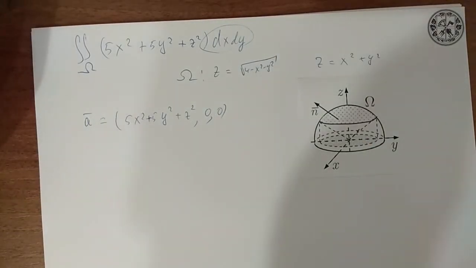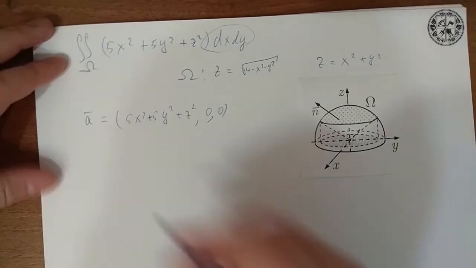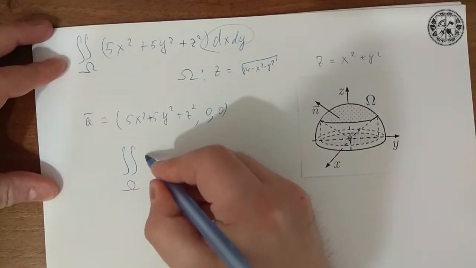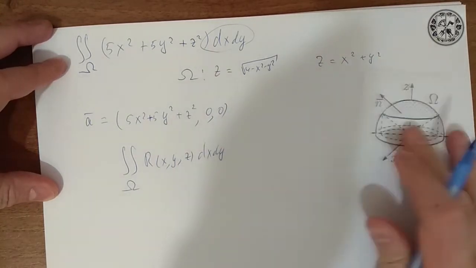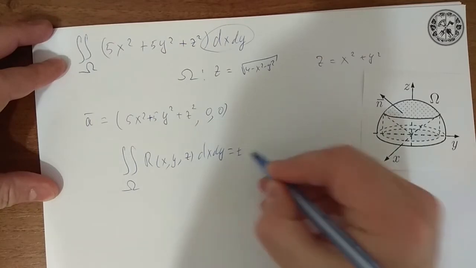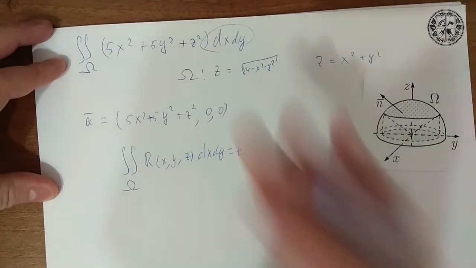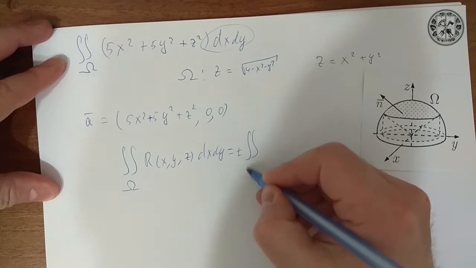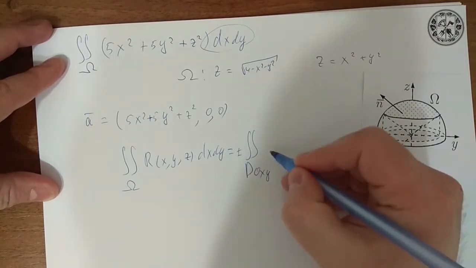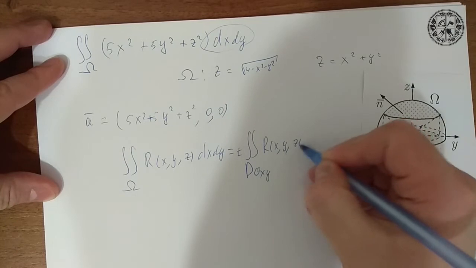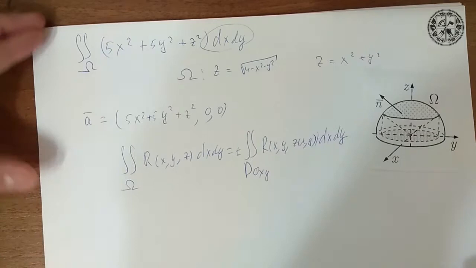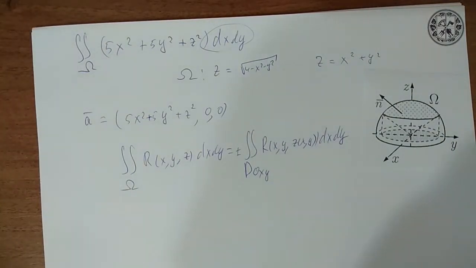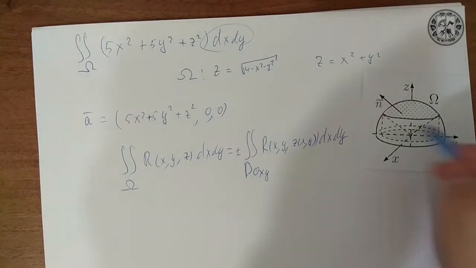So we can use the formula: the integral by omega of r of x y z dx dy equals plus or minus, depending on the outer or inner part of the surface, the double integral over Dxy of r of x y z of x y, dx dy. So we just transform this integral into a double integral by the projection.